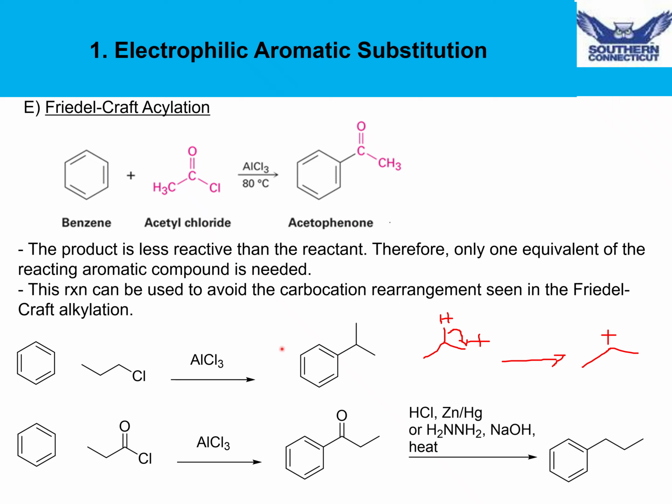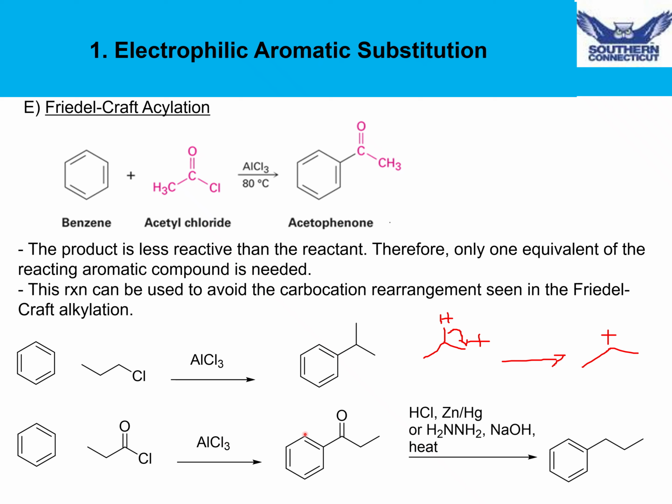In order to avoid this rearranged product, if we really wanted to have a normal propyl group attached to the benzene, we can go around it by doing an acylation reaction with the appropriate acid chloride. So it has to have 3 carbons as well. Add aluminum trichloride.